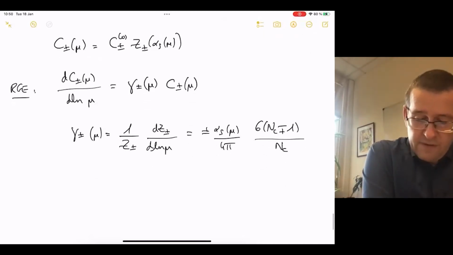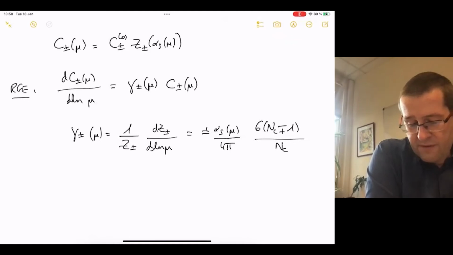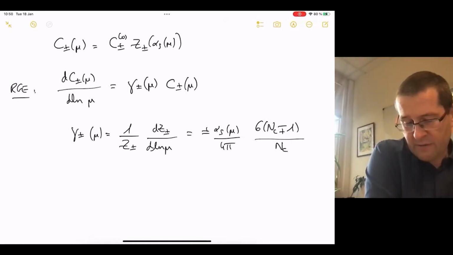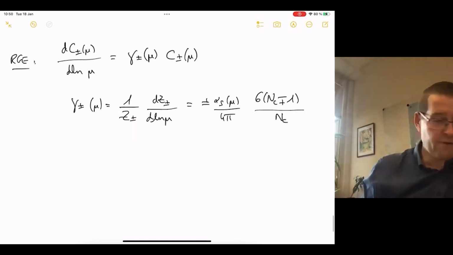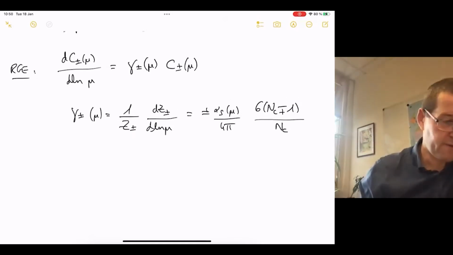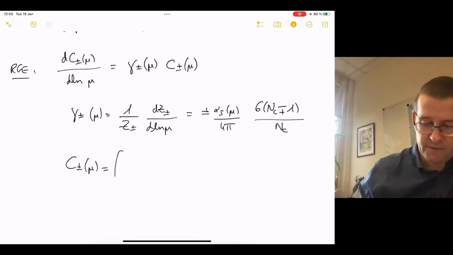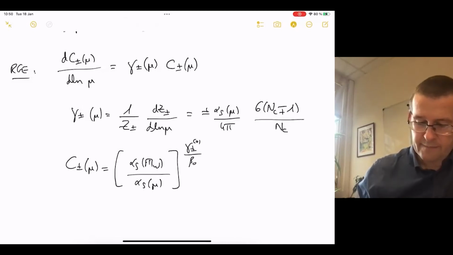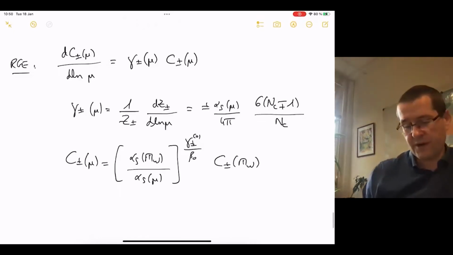And so since we have the dependence on the logarithm of mu of C plus minus, then we can integrate this expression quite easily. I just give you the result because it's not very interesting to have the intermediate steps, but that's the usual approach in order to solve this kind of differential equation.